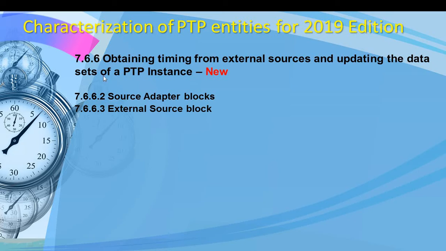The 7.6.6 chapter is new as well. This chapter covers obtaining timing from an external source and updating the time set of the PTP instance. This part is new compared to the 2008 version. There are two new items: one is called the source adapter block, and the second is the external source block.